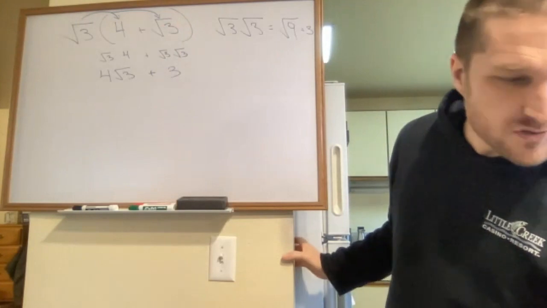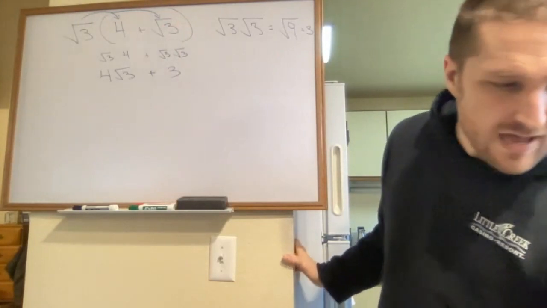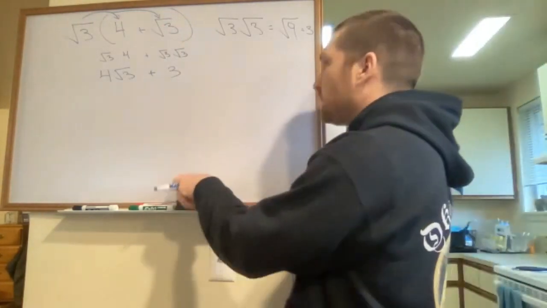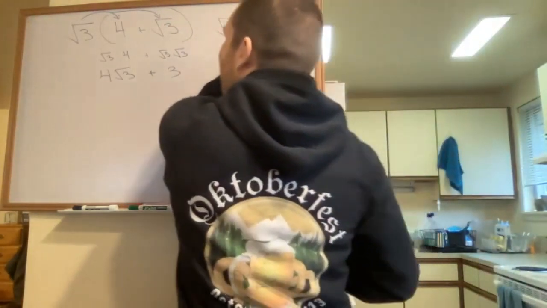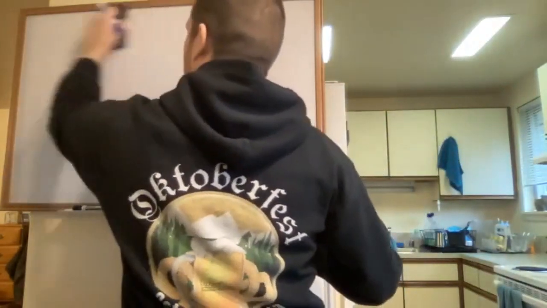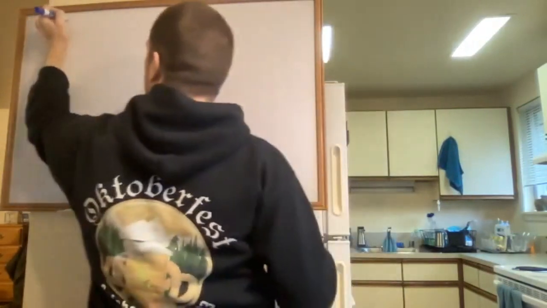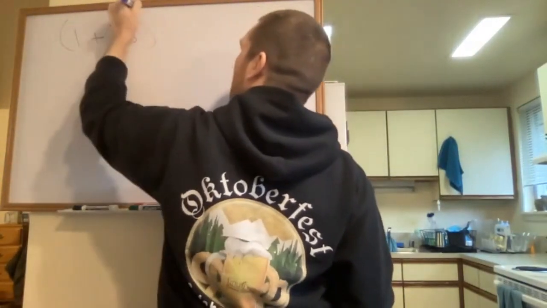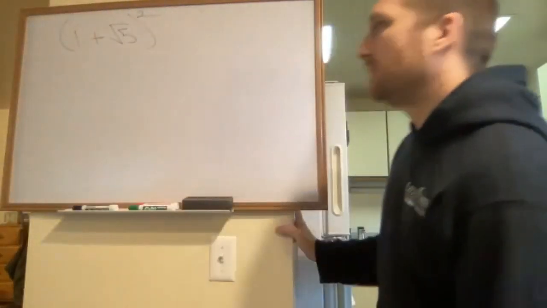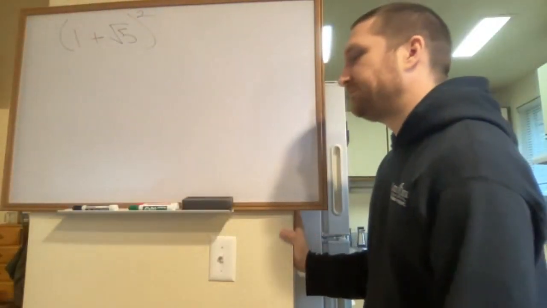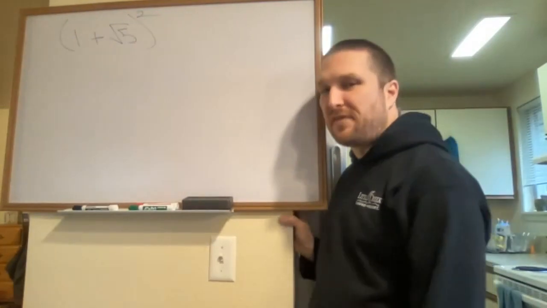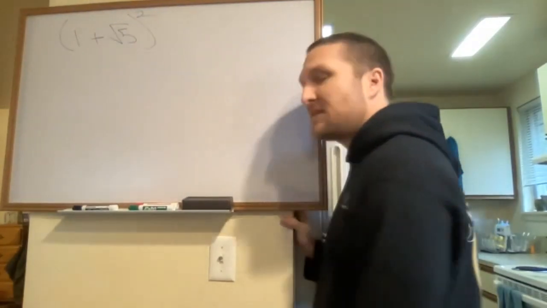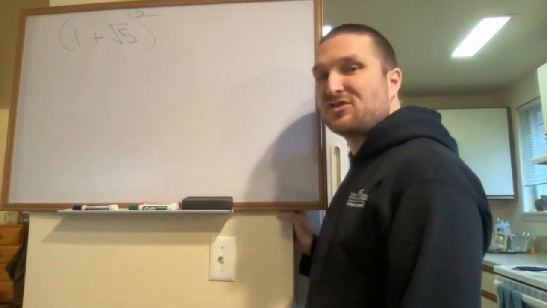What's less straightforward is when you have something like this. Let's do 1 plus the square root of 5 squared. Guess what we have to do with that? We have something plus something, quantity squared.